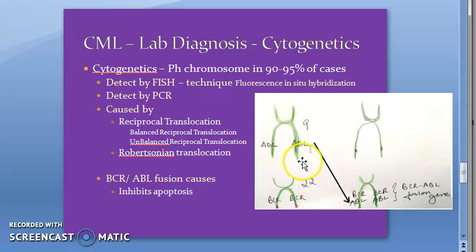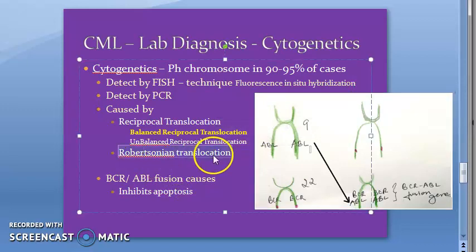Translocation between the long arm of chromosome 9 and long arm of chromosome 22. Okay, so this is the Philadelphia chromosome. Mostly it is the balanced reciprocal translocation, which is shown here. Okay. Robertsonian translocation is actually some acrocentric chromosomes joining at the centromere with the loss of short arms.